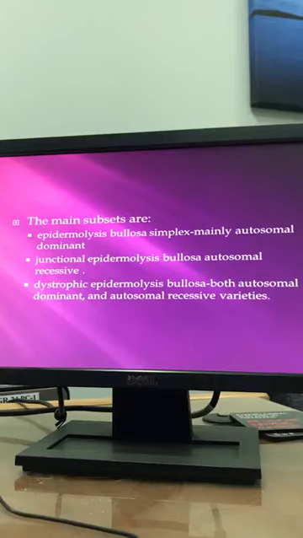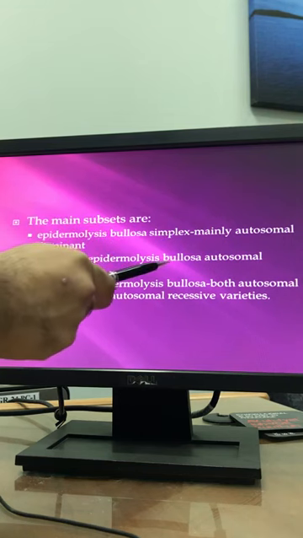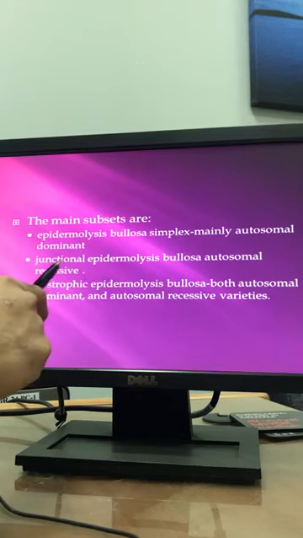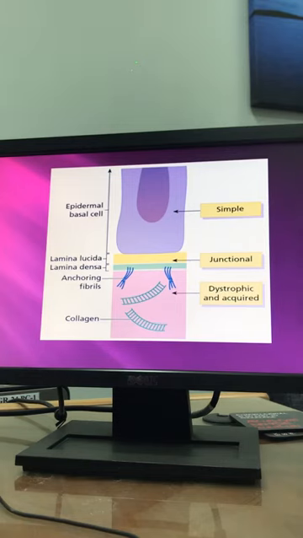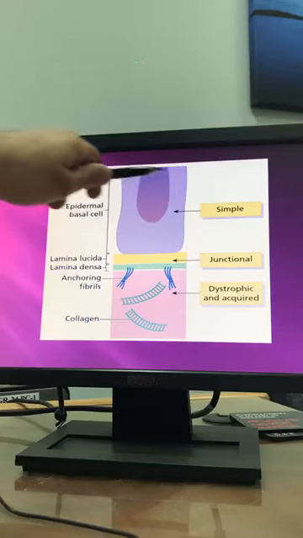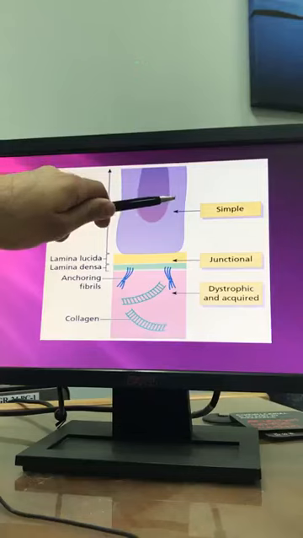So we have three types of epidermolysis bullosa. We have the simplex, the junctional, and the dystrophic types. So what happens in epidermolysis bullosa simplex? We have a problem in keratin 5 and 14, and those are present in the basal layer of the epidermis.